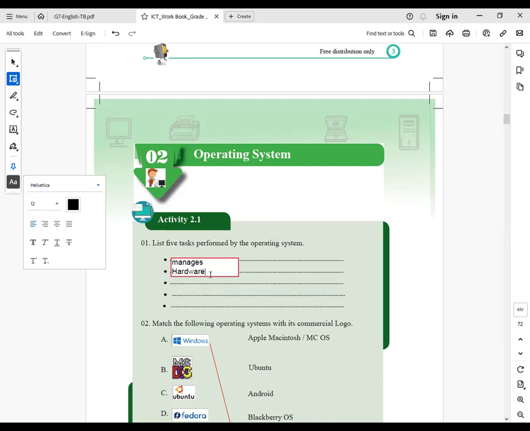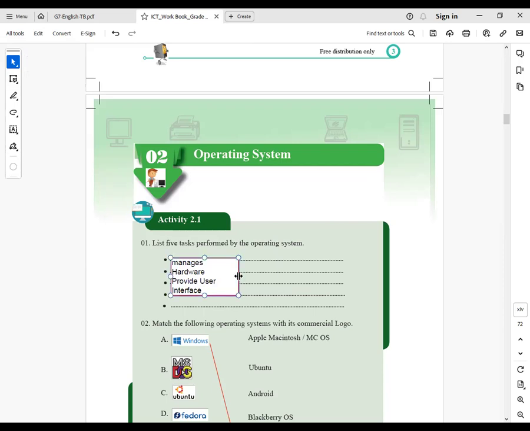Then provide a user interface to work easily with the computer. Yes, provide user interface.